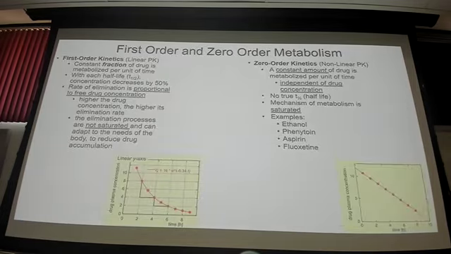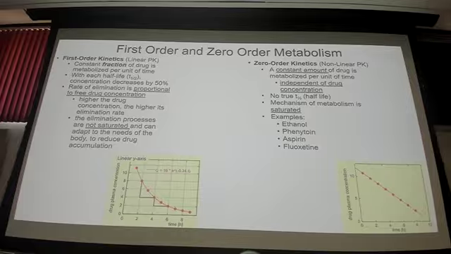So we already talked about half of this in terms of the different types of kinetic metabolism. We talked about zero order kinetics. First order kinetics, a constant fraction of the drug is being broken down per given time.